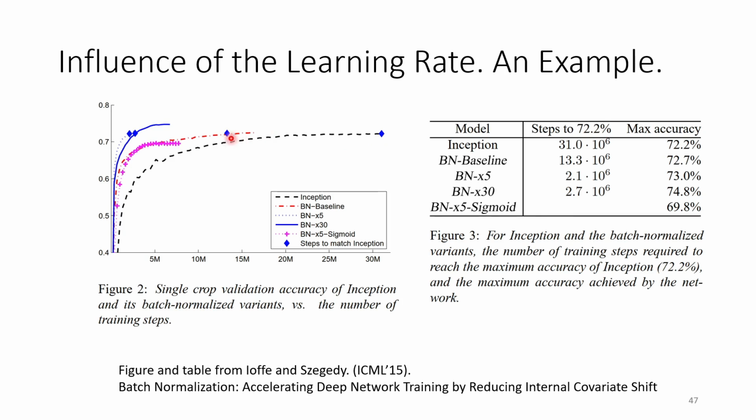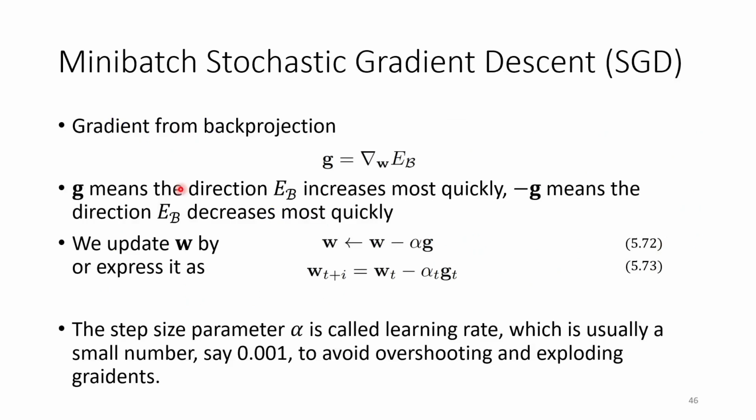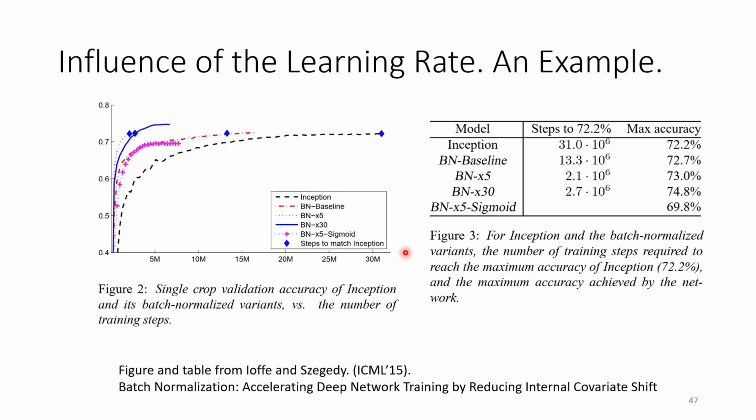Then compare the red dashed line and the blue dashed line. What does it mean? It means if you increase the learning rate, alpha, you will change your weight larger every time. They increased their learning rate by 5 times, and they generated this curve.